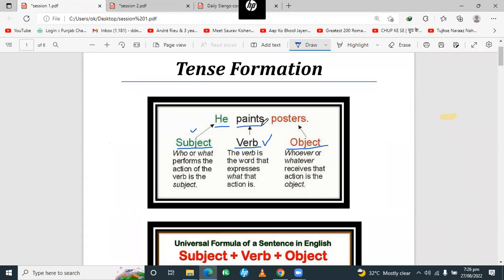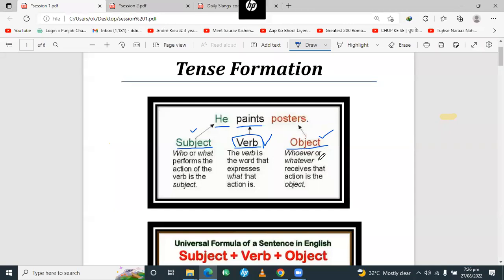Like paints, this is the action. Write, go, display, show, or play. These are all actions. So any kind of action, any kind of performance which is being done in a sentence is called main verb. Next comes the object. What is an object?